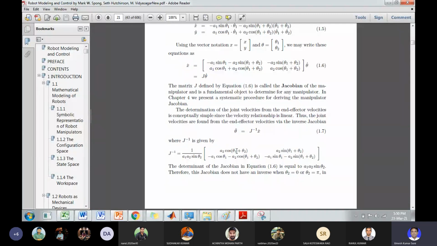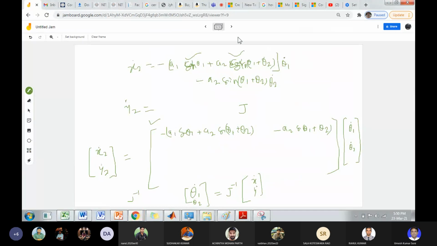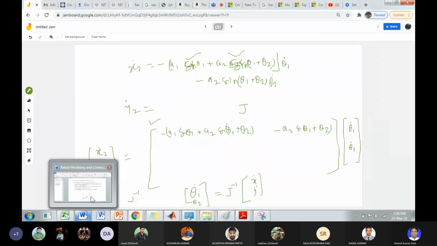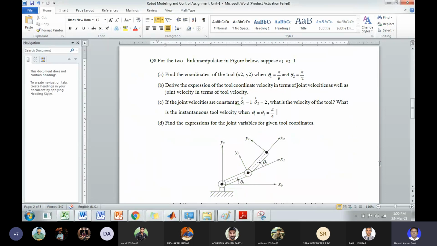As soon as you put the values of theta 1 and theta 2, you can directly get the joint velocity in numerical value, that is the instantaneous value. Okay, clear? Students, is it clear? Yes, yes sir.